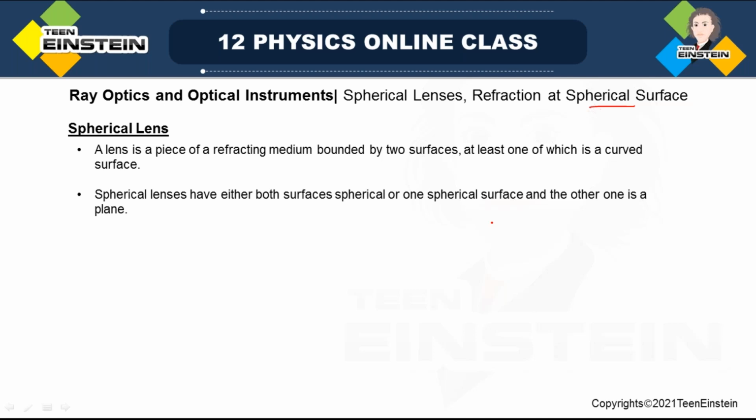We use microscope, telescope, camera, projector, and also simple glasses which help us to read very small letters. Those are all lenses. So we have a lot of uses of spherical lenses in our life.